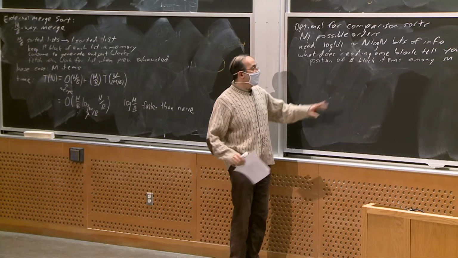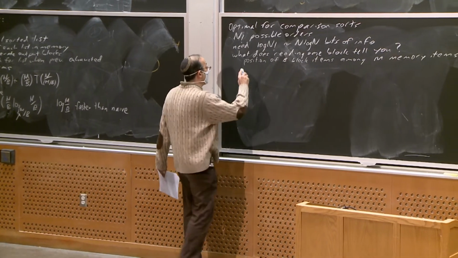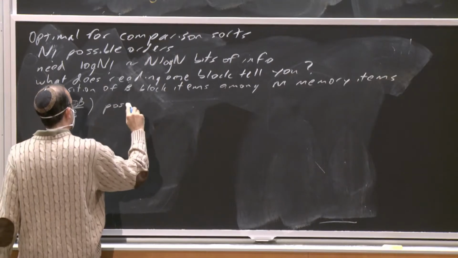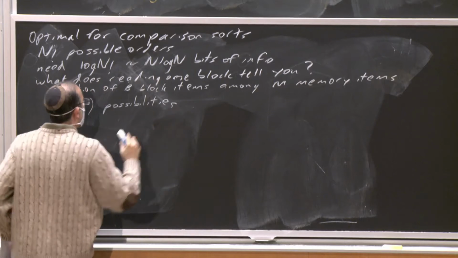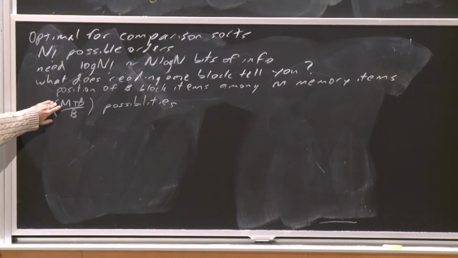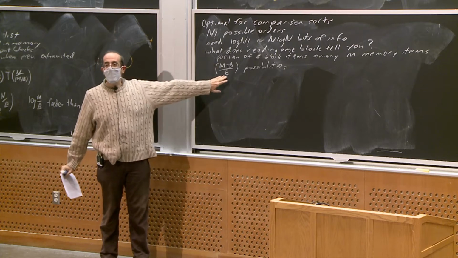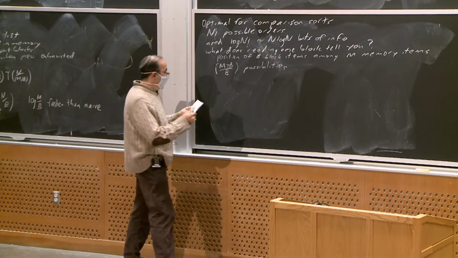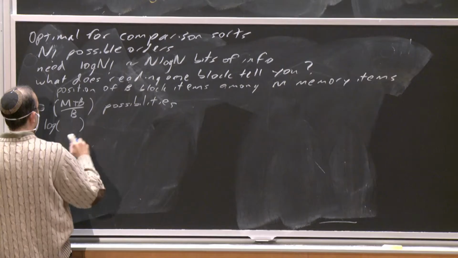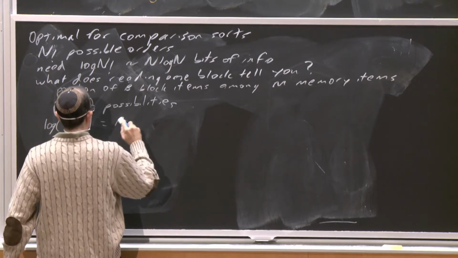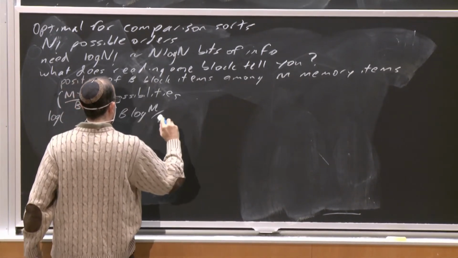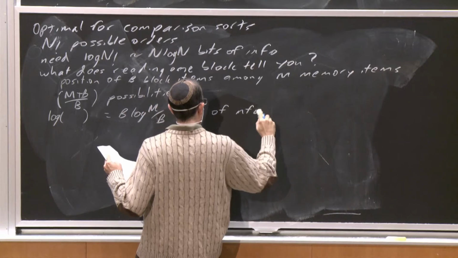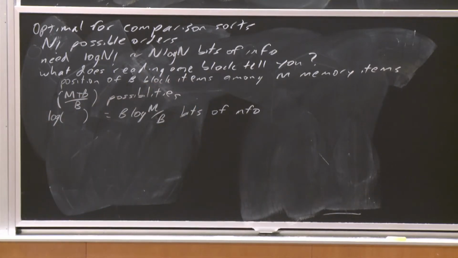So what you learn is just how those B items land among the M items, which means that there are M plus B choose B possibilities, right? Which of the M plus B possible positions among the combined items are occupied by the B items in your block? And that means that the log of this much, which is B log of M over B or so, bits of information are provided when you read a block.